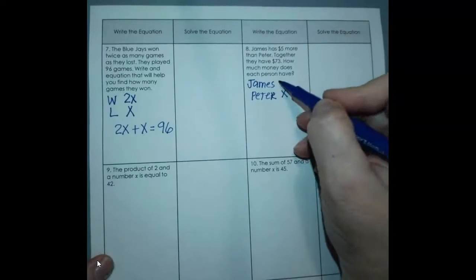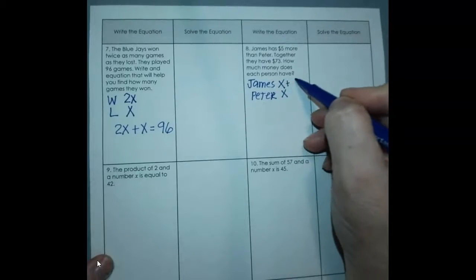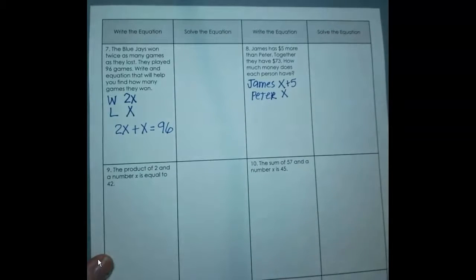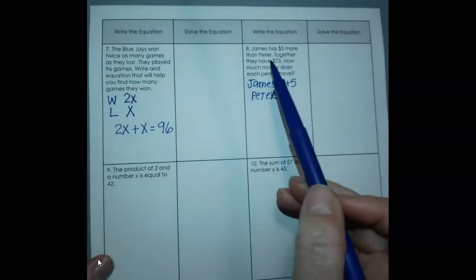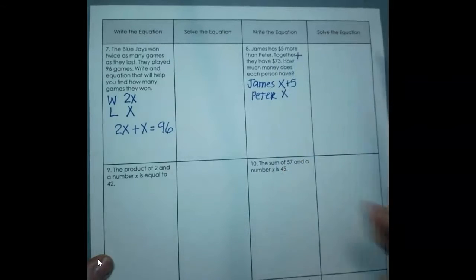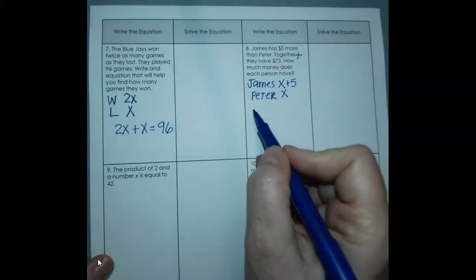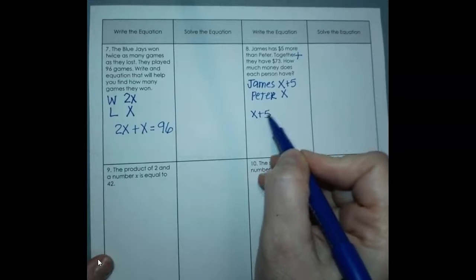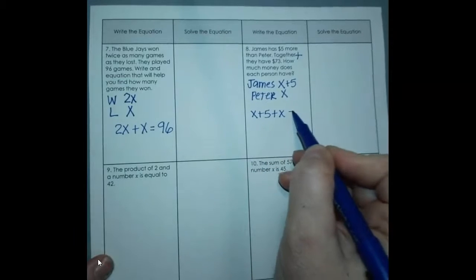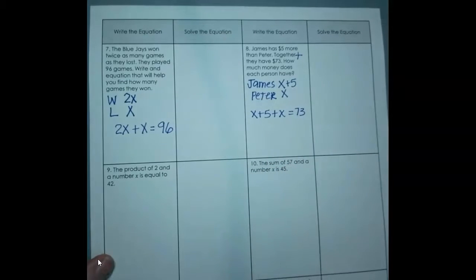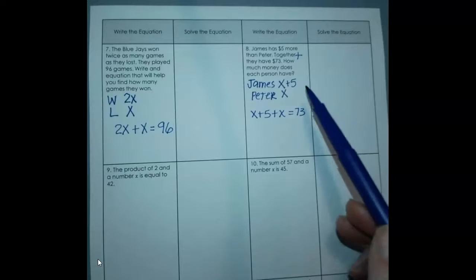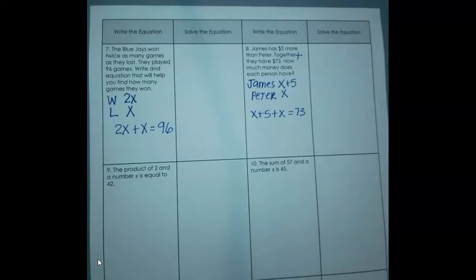James has $5 more than that, so you take what Peter has and add $5 to it. And together, meaning add, they have $73. So you have what James has plus what Peter has, and it's going to equal $73. Combine your like terms, use your opposite operations in order to solve for x. X will tell you what Peter has, and then you'll add 5 to it to find out what James has.